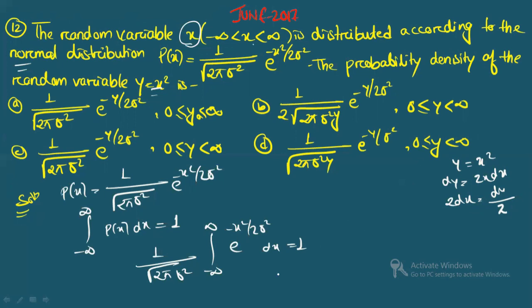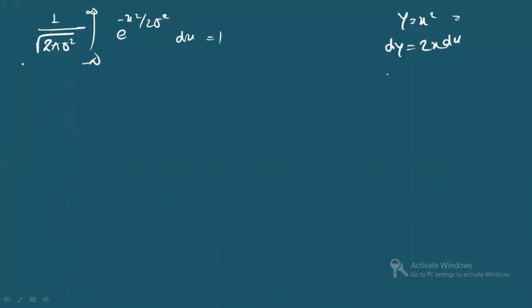So directly we will substitute here. Now y equals x square, dy equals 2x dx. In this case x equals root y.